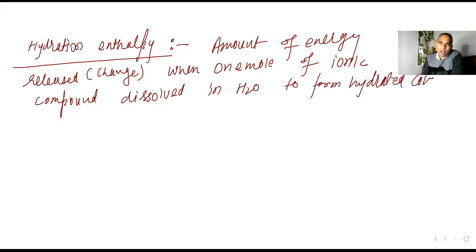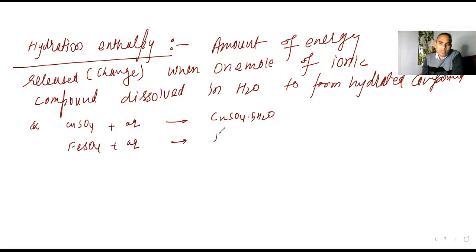For example, copper sulfate: if you put it in aqueous solution, that is water, it forms CuSO4.5H2O. FeSO4, if you put it in water, forms FeSO4.7H2O.